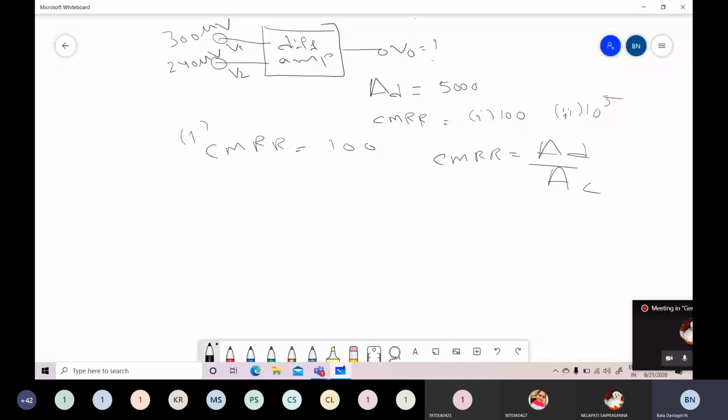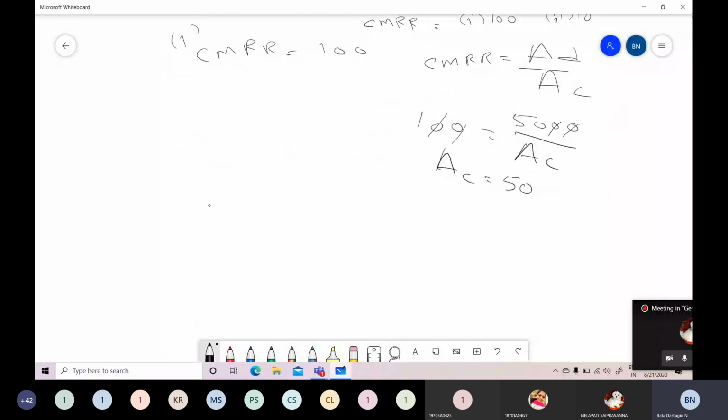Next we have to find the output voltage. What is the output voltage equation? V0 is equal to AD into VD plus AC into VC. We have the value of AD, which is 5000.